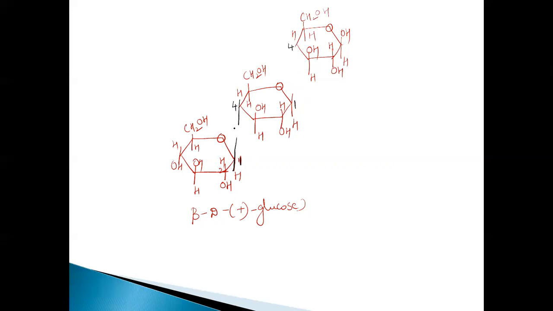These are linked by means of this oxygen, and again here these two are linked by means of this oxygen. So this is how you see the glycosidic linkage. This is one glycosidic linkage, this one is another glycosidic linkage, and this goes on.